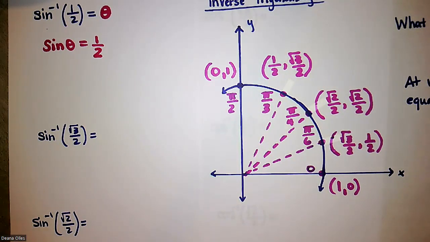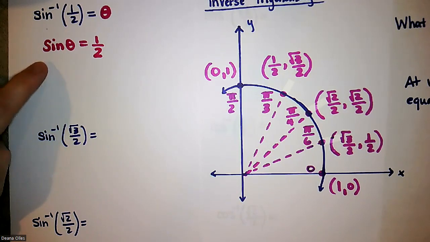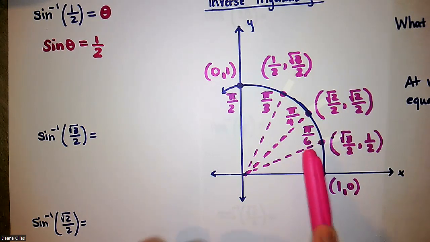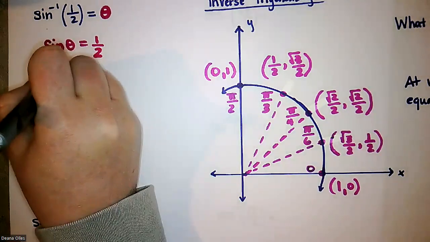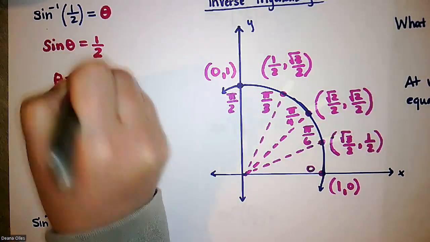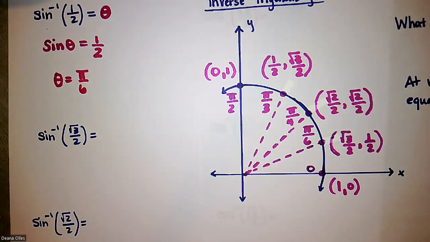Okay, so let's look for our y value because don't forget y is sine. Let's look for a y value of 1/2, and here it is at the angle pi/6. So the inverse sine of 1/2 is pi/6.